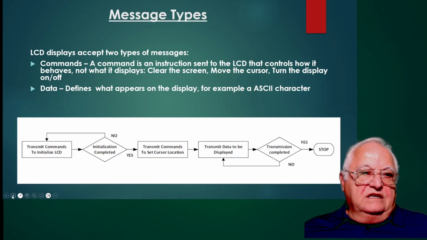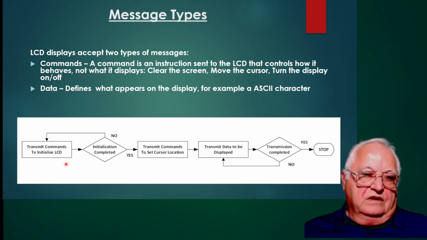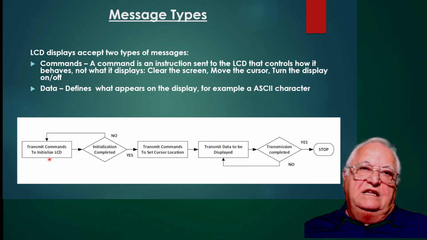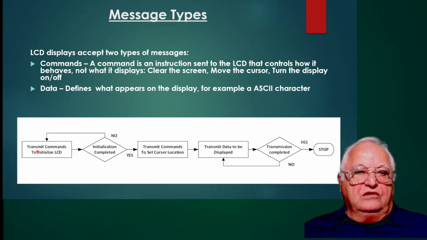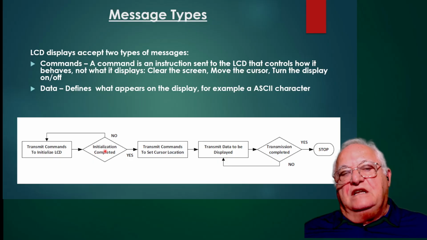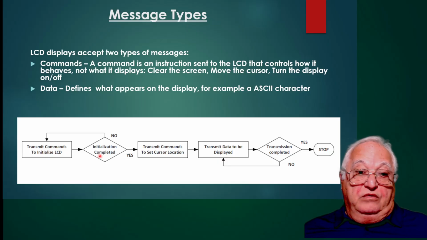So let's look at the flowchart to see exactly how this would work. So always we have to send first a command. Tell the display, hey, this is what I'm going to be doing. So let's look, for example, at the initialization case. We send the commands for initialization, and we continue to send commands until we've initialized our display. And you'll see that, by the way, in the example programs.